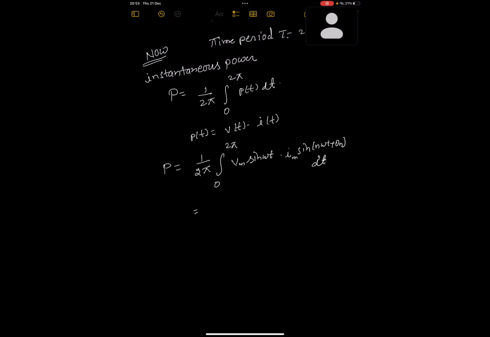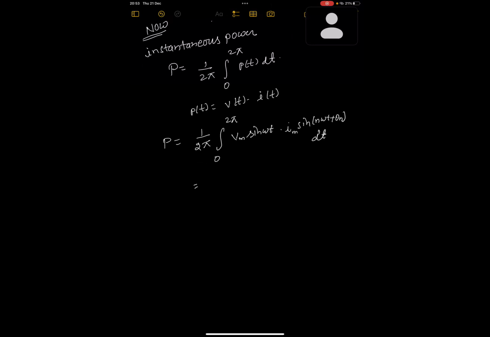When you solve this one, then you get one answer, that is V RMS I RMS cos theta 1, where 1 means fundamental RMS value. These are the power, fundamental power.